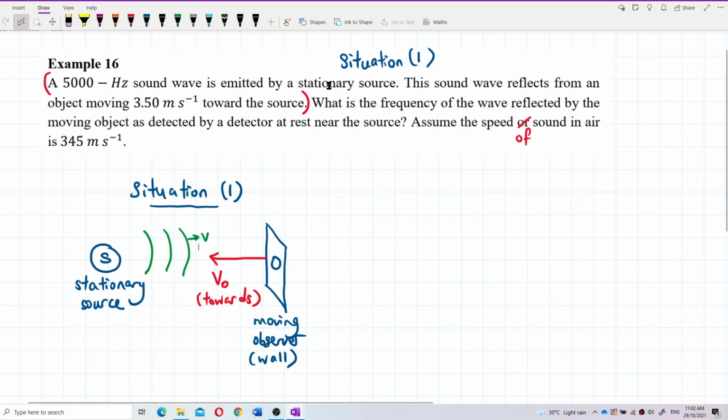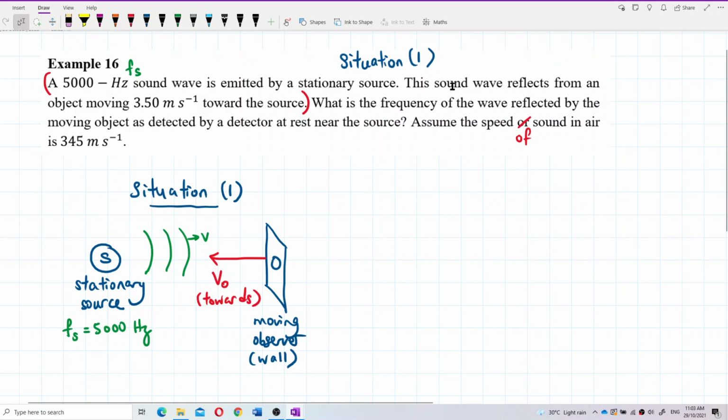He said the first situation is the source is stationary. It emits the sound wave of 5000 Hertz. This is the source frequency, the actual original source frequency. The source frequency here is 5000 Hertz.